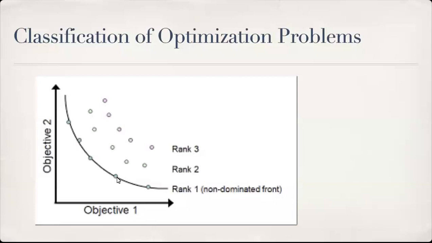Because if we consider both objective 1 and objective 2, this point is better in both objective functions, okay? And that is the concept of the non-dominated front, which is the solution of a multi-objective optimization problem.